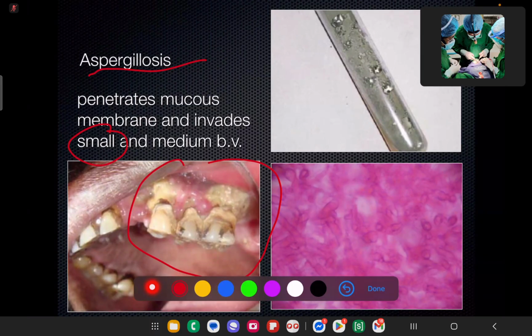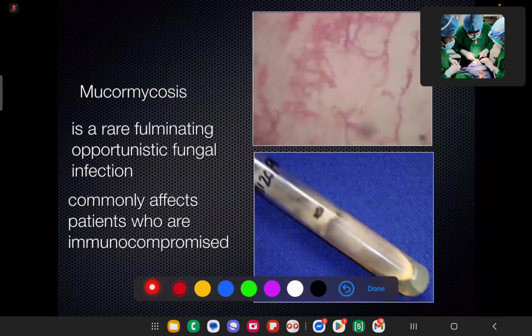That's the reason why there would be plaques or areas of necrosis on the blood vessels present on the marginal tissues of your gingiva. When you take your fungal test, it would reveal under a microscope spindle-shaped entities on histopathological examination.